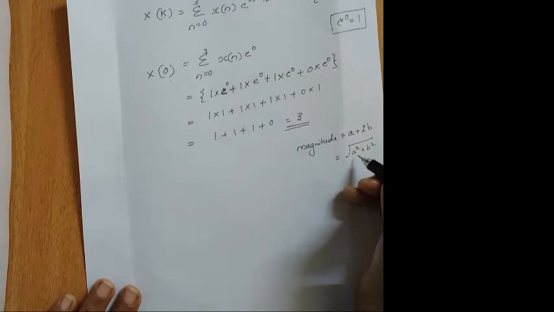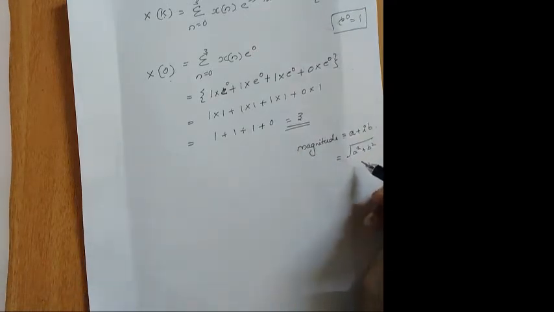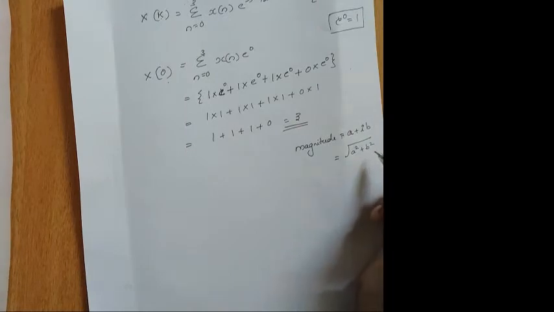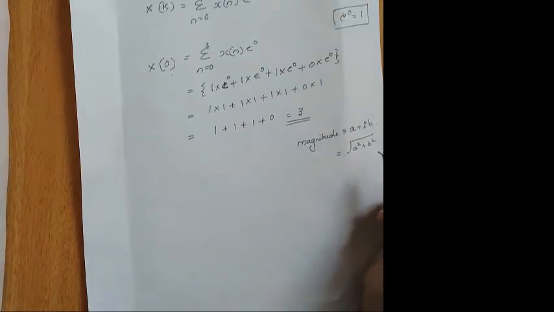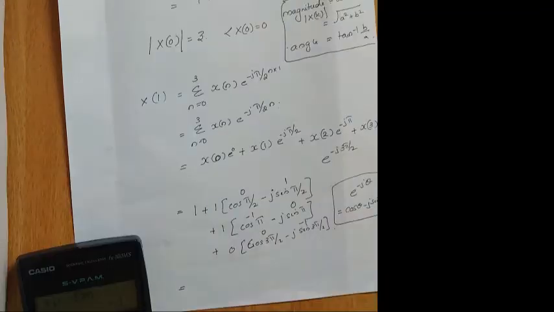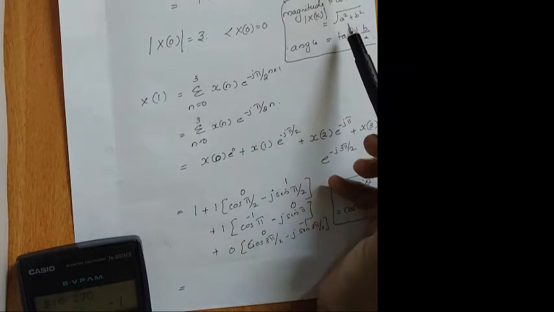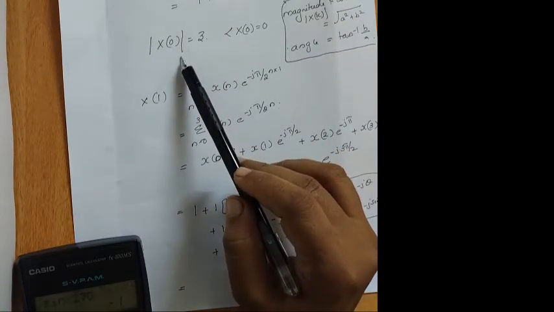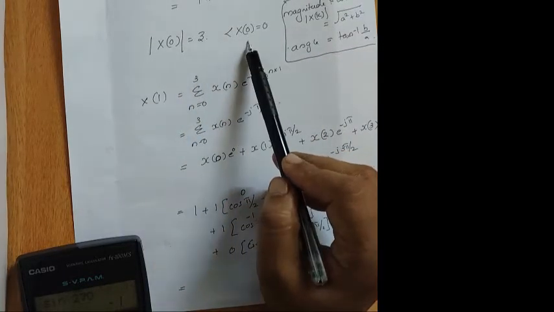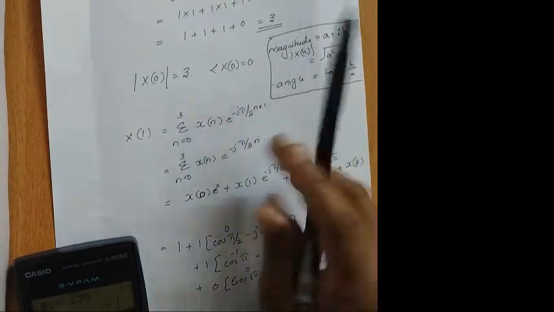Here, if you take the root of 3 squared, there is no imaginary part, you will get 3 itself, isn't it? So you get the magnitude as 3, and the phase angle is b by a. There is no imaginary part over here, so it will be 0.